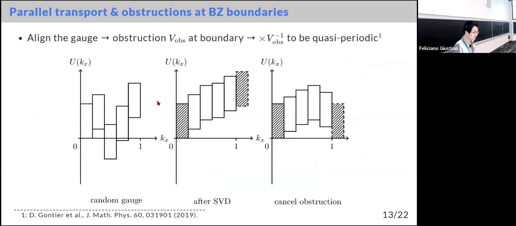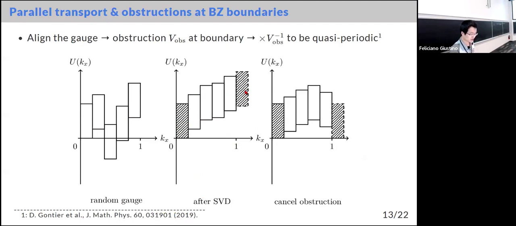The key ingredient here is the parallel transport. Imagine we have a set of DFT Bloch states. Their gauge is not continuous. They are sort of random. The parallel transport is like first running a singular value decomposition on the overlap matrices, so we can maximally overlap the gauge. It's continuous now, but the issue is that our gauge should be quasi-periodic, or let's say periodic.